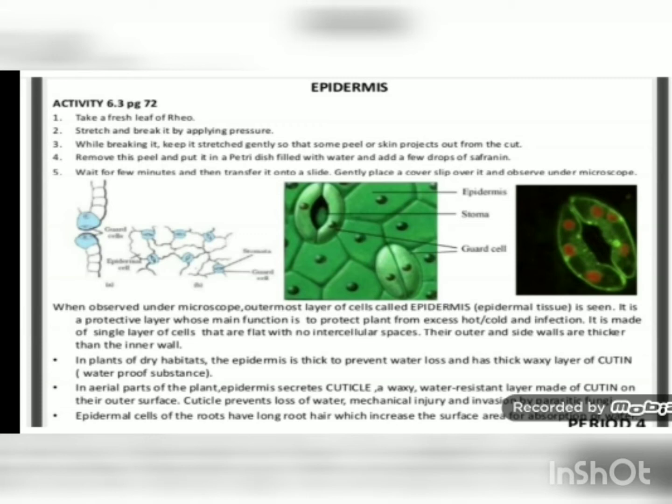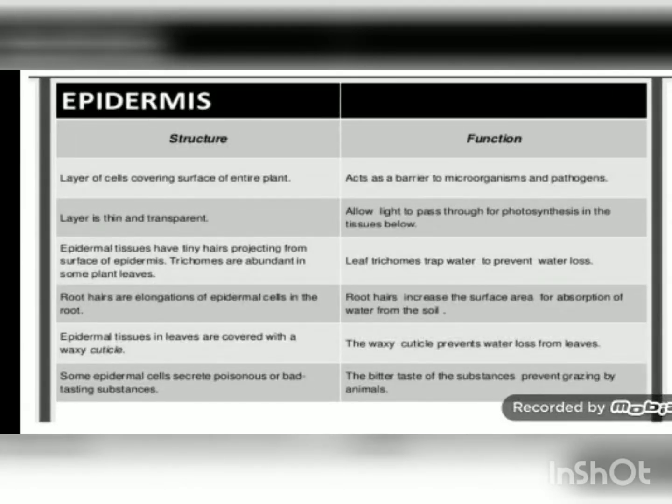In the same way, in aerial parts of the plant, a waxy coating known as cutin is present, which prevents mechanical injury and invasion by parasitic fungi. And epidermis of roots has hair-like structures which increase the surface area for water absorption. This is the structure and function of epidermis as per the part, as I have already explained to you.